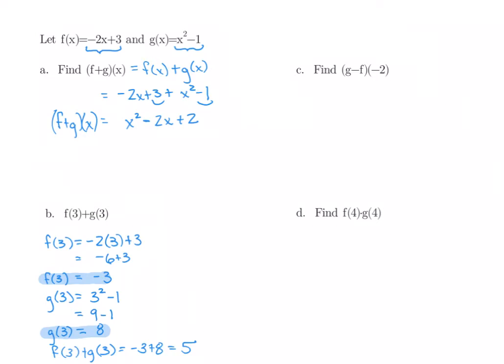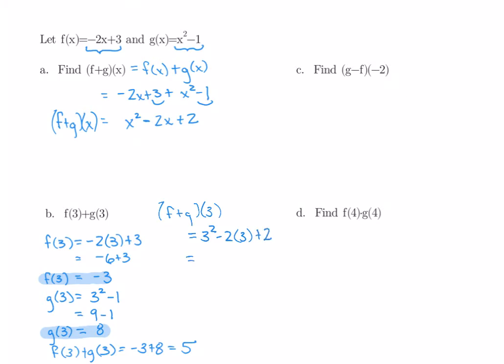So this is one way that you can do this. The other way you can do this is by using the function definition that we found for f plus g of x, we can plug it into this function right here. And let's see what happens when we do that. So if we go f plus g of 3, we get 3 squared minus 2 times 3 plus 2.